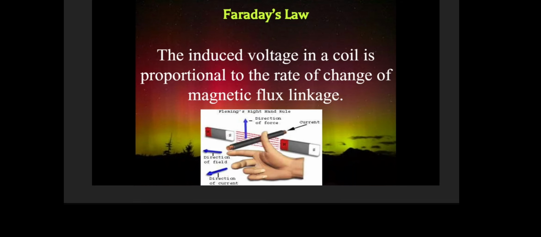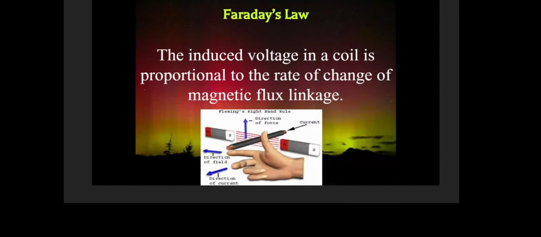No, because it's not cutting the field lines. Exactly. If the conductor is moving with the field lines, it's not cutting them, hence no induced current is produced. The only way you can have induced current is if the field lines are getting cut. It can be cut at any angle.